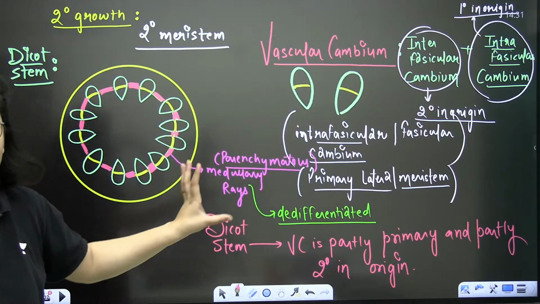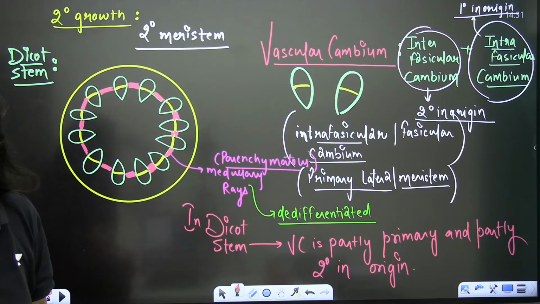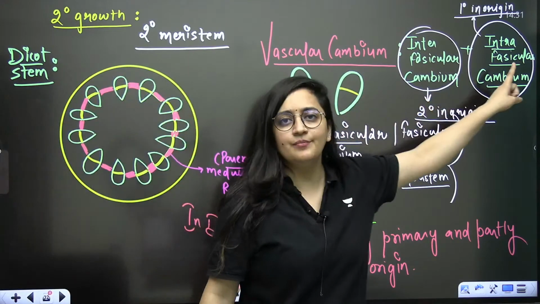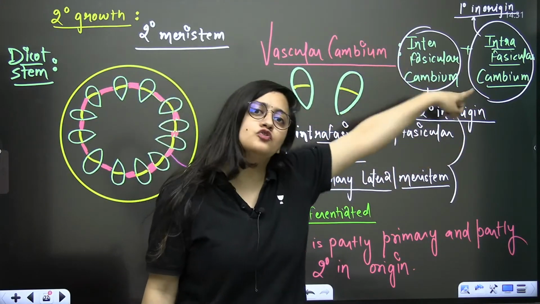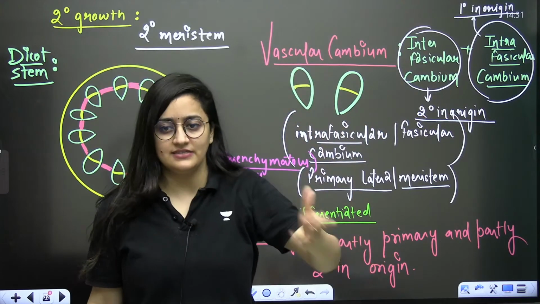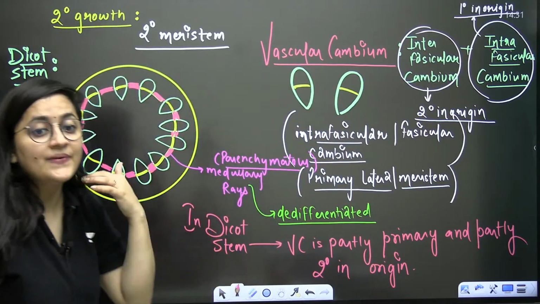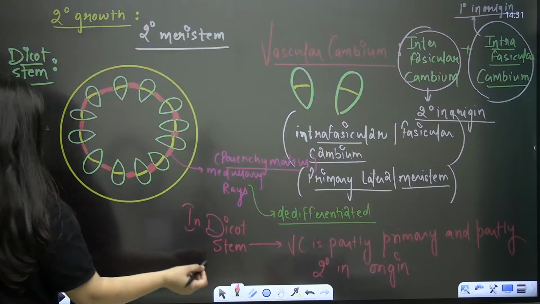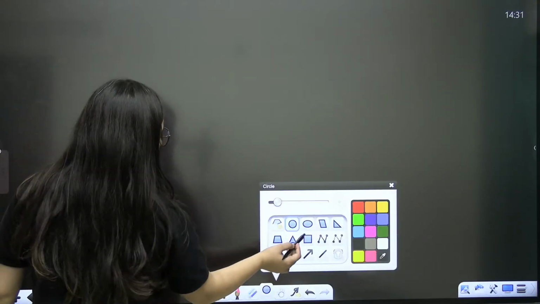In dicot stem, it is partly primary, partly secondary in origin. Clear? That is why intrafascicular cambium, also known as fascicular cambium, we also call primary lateral meristem. Done?